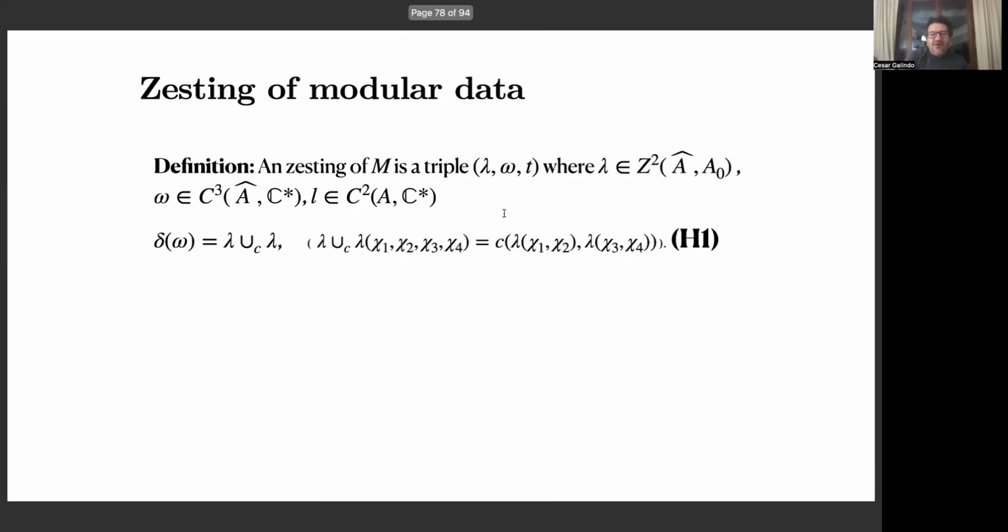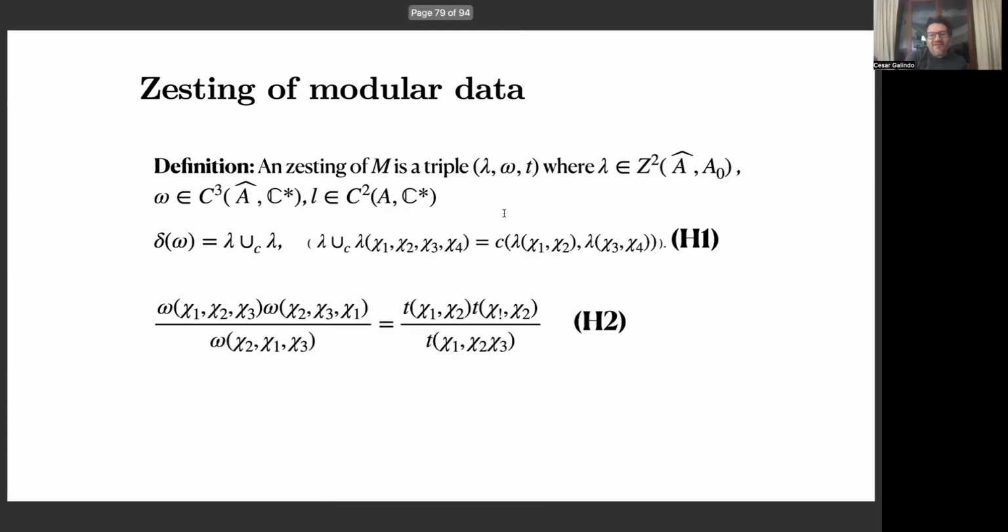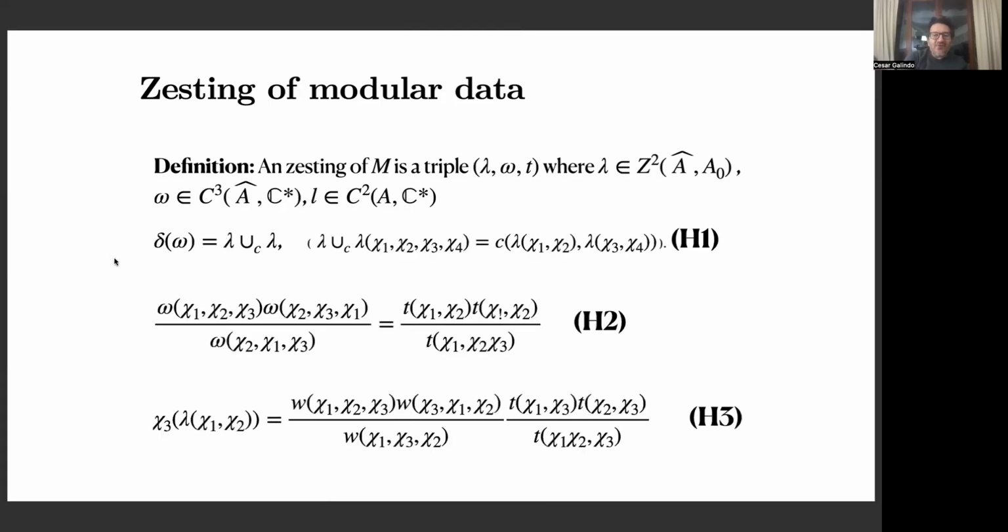a complex number here, and it has to satisfy three equations that in principle look kind of ugly, but they have a cohomological interpretation. This is just that the differential of this omega is equal to the cup product of these two. And here, this is explicitly what I mean by cup product. And if you remember, I said that in this part we fix a bicharacter.